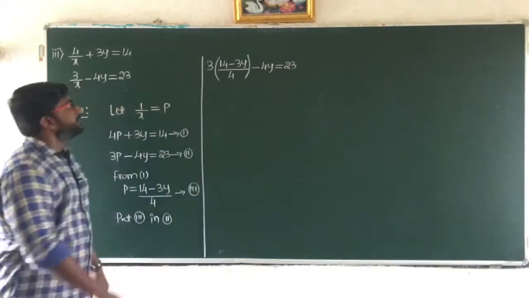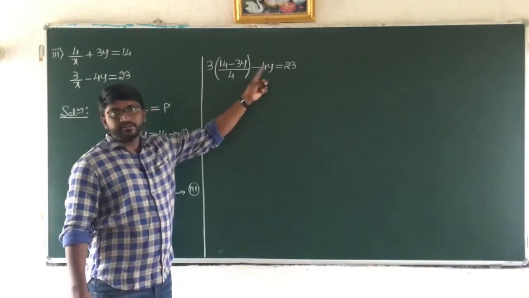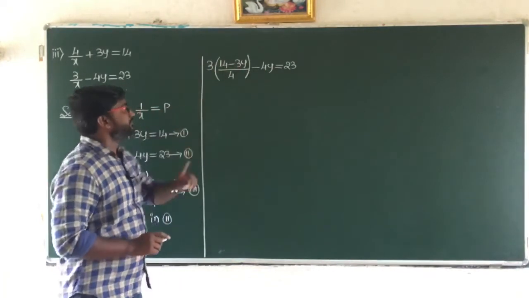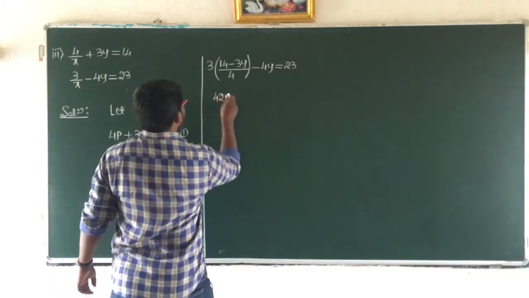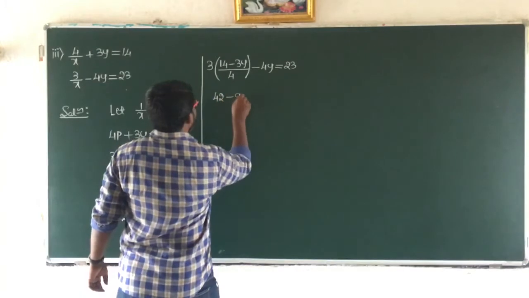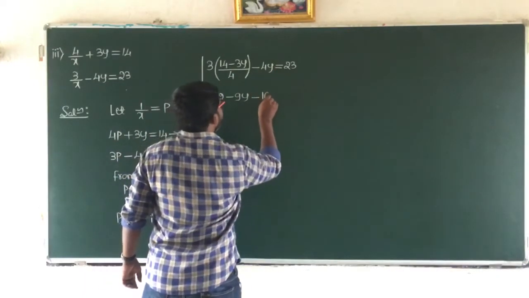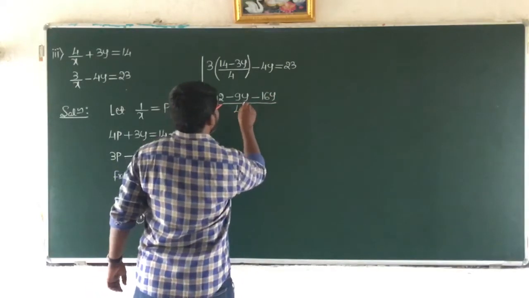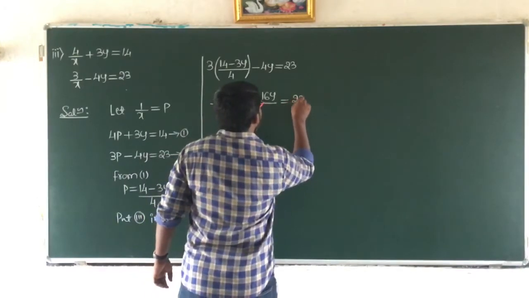So now we have to take up the LCM. 4 will be multiplied with this term. At the same time multiply 3 with these two terms. So now multiply 3 inside. So it is 42 minus 9y, then minus 4 will be multiplied with this. Now we get 16y, then whole divided by 4 which is equal to 23.